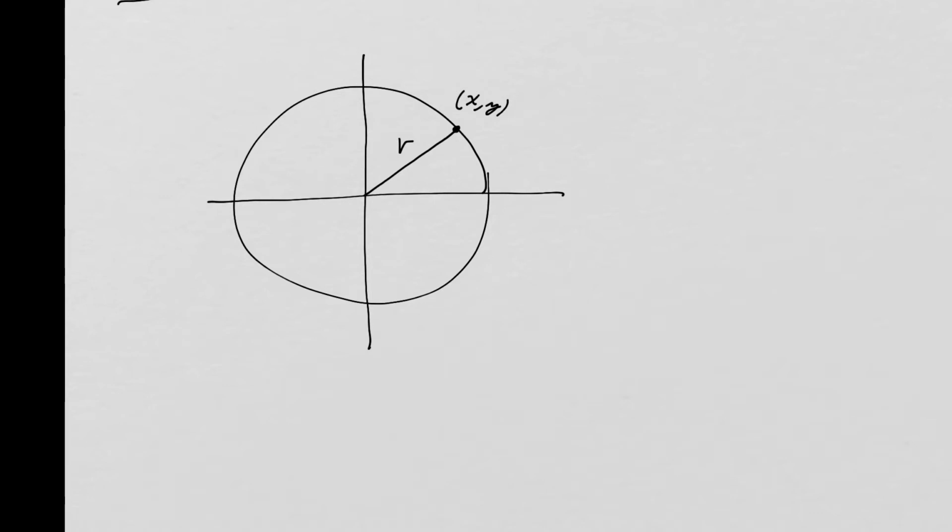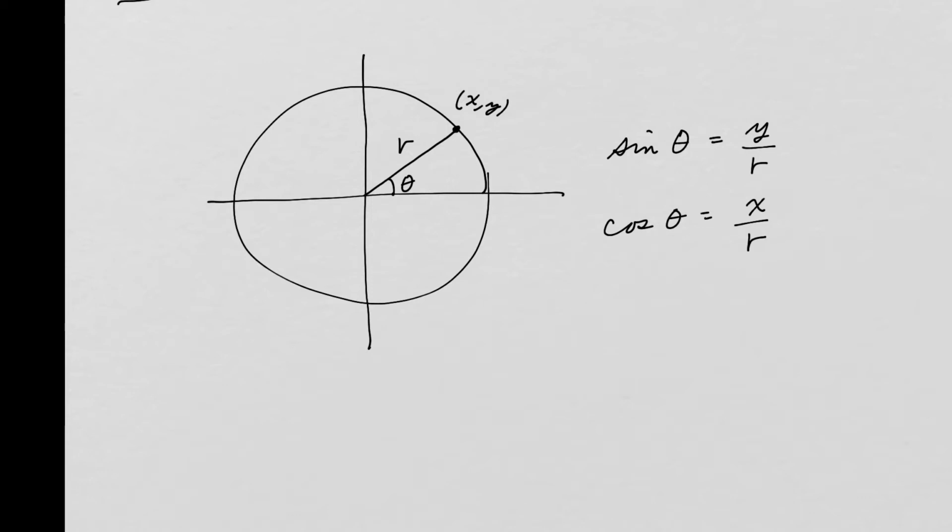The definition of sine and cosine is that the sine of this angle theta is equal to y over r, by definition, regardless of what quadrant I'm in. And then the cosine of the angle is equal to x over r. Again, by definition, it doesn't matter what quadrant we're in.